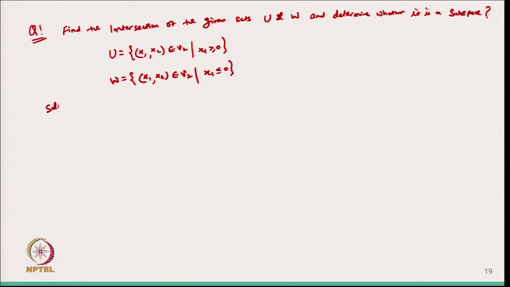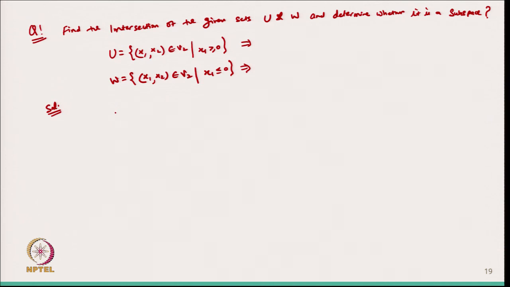Now, let us do this one. In this case my U is a set of vectors x1 and x2 in V2, where x1 is always greater than or equal to 0. That type of U I have taken, and for W, x1 is always less than or equal to 0. Now, let us check.